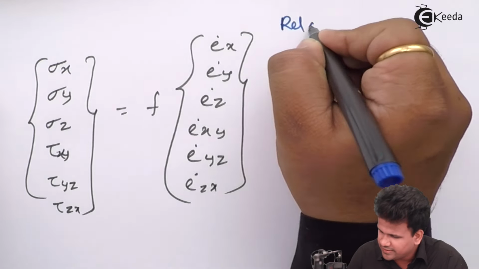The stress relation with strain rate should be linear. That means tau equals mu into du by dy raised to n, where n should be equal to 1. The relationship should be linear and the fluid should be a Newtonian fluid.